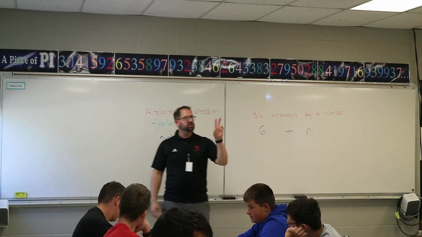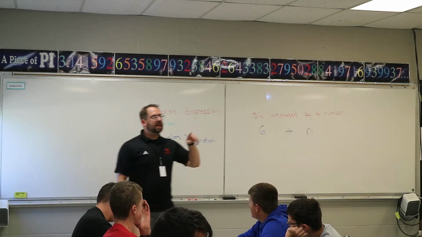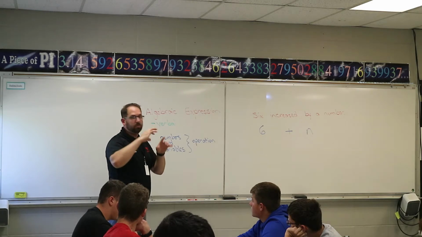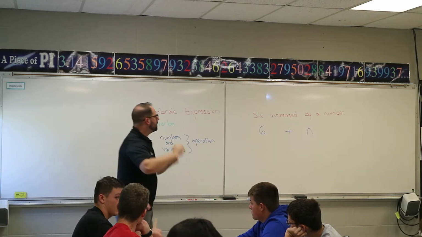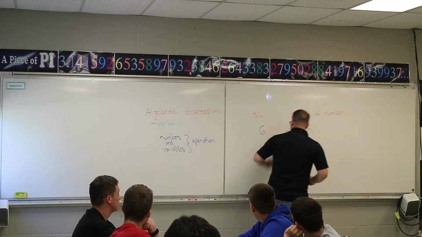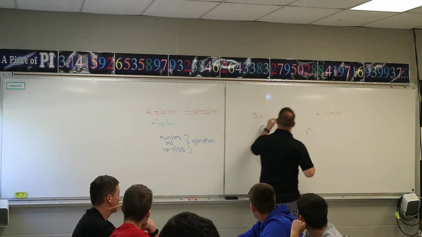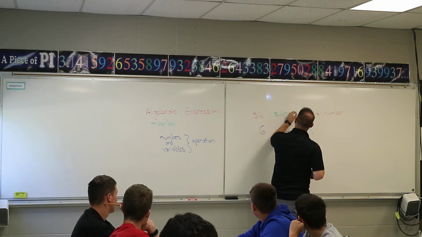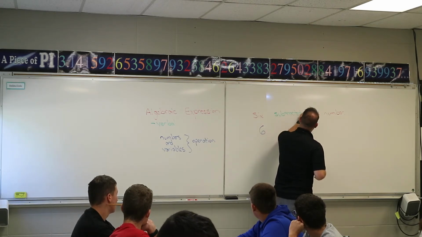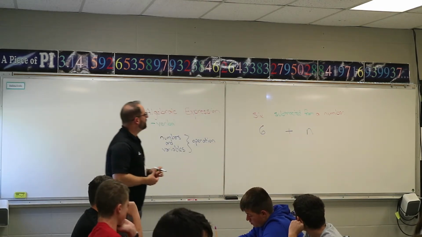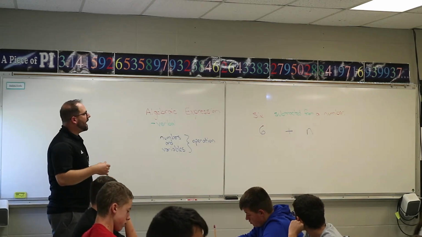Now, there were 2 on that list that I said we had to change. Angela, you put stars next to them, right? So the 2 that I wanted to talk about was this. This was one of them. It was subtracted from. The other one we had was less than.